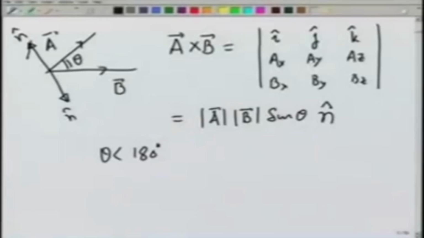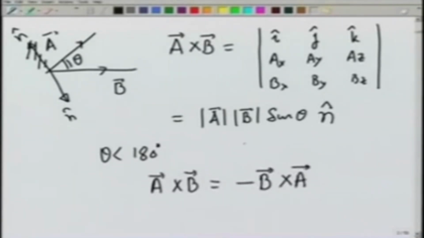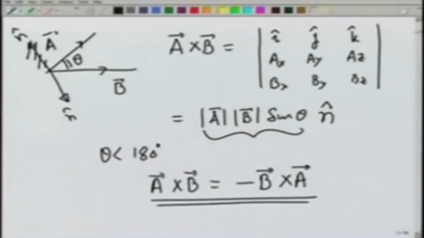So, in this case n would be going down. You can see that A cross B is going to be equal to minus B cross A, because the magnitude will remain the same, but the direction of n would change because now you will be turning B towards A. This is also clear from the components if you look at them carefully. So, this is how the cross product works.